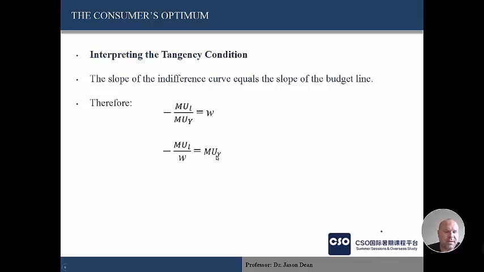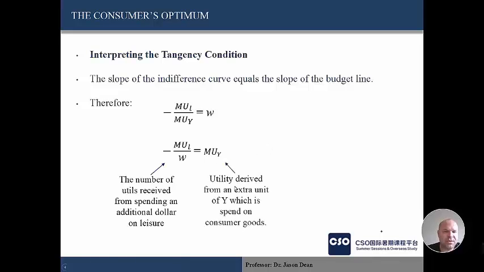And we can rewrite this just by rearranging it, and we can see that the term on the left here is the number of utils received from spending an additional $1 on leisure. Okay, so if you spend an additional $1 on leisure, then this is the term that is representing that amount. This is the number of utilities or units of happiness you would receive, and that has to equal the marginal utility of income.